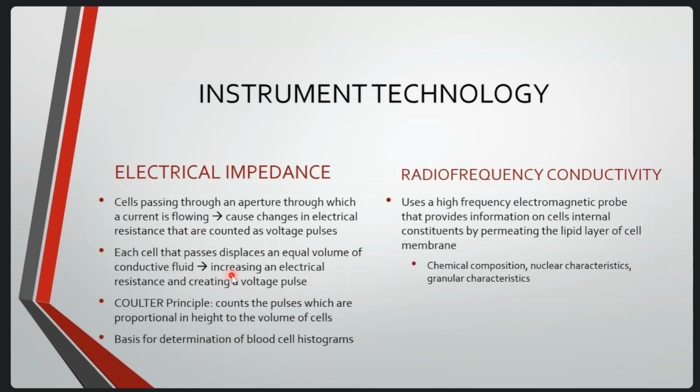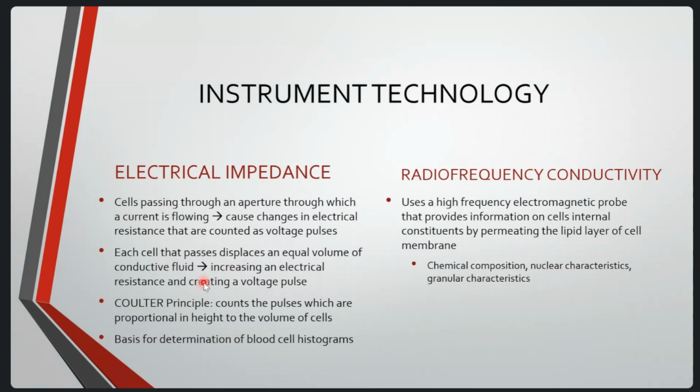So parang papasok siya sa maliit na tube, and as it flows there, it will cause changes in the electrical resistance, and these are counted as voltage pulses. These voltage pulses will give us an idea kung the size or the weight of the cell.